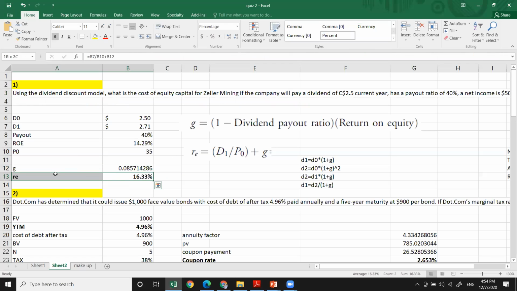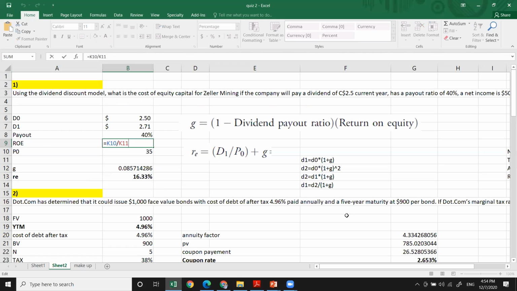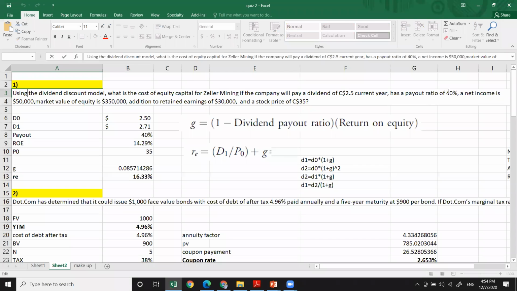Okay, thanks. Professor, how did you find the return on equity? Return on equity, ROE, is net income over total equity. We have here net income and market value of equity, plus retained earnings. It's a straightforward calculation.